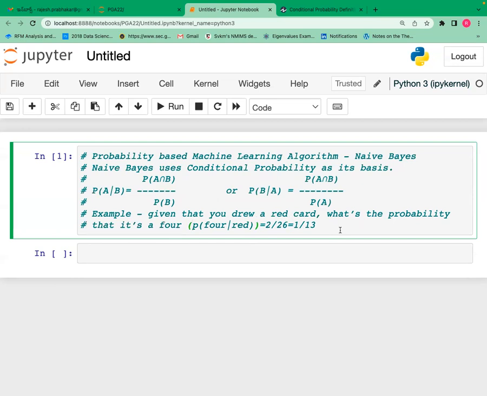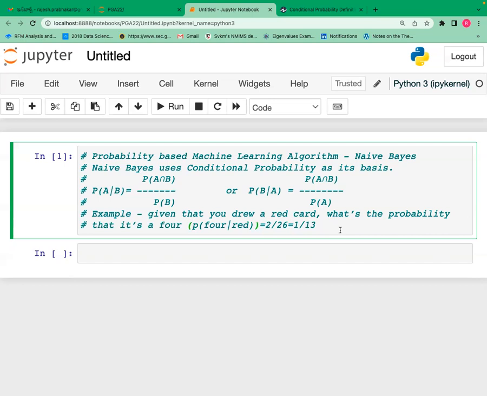What is the condition that has already occurred here? We have already drawn a red card. What is the probability of it being any number? It is 2 by 26. If it is 5, it is also 2 by 26. The probability of the card being any number, or any of the alphabets, is again 2 by 26.